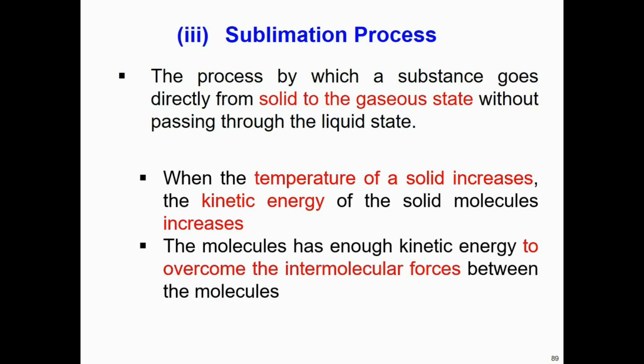The molecules have enough kinetic energy to overcome the intermolecular forces between the molecules. Therefore, the solid molecules turn into gas. This is an example of sublimation process when solid carbon dioxide turns into gas.